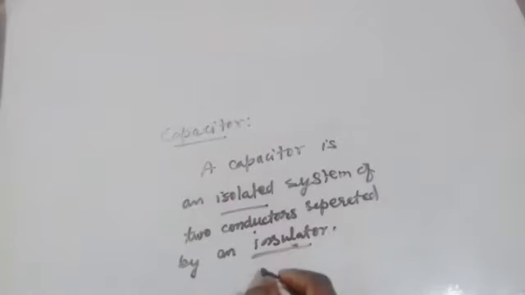Also focus on this insulator. Usually we use the term dielectric medium instead of insulator. So you can also define a capacitor as an isolated system of two conductors separated by a dielectric medium.